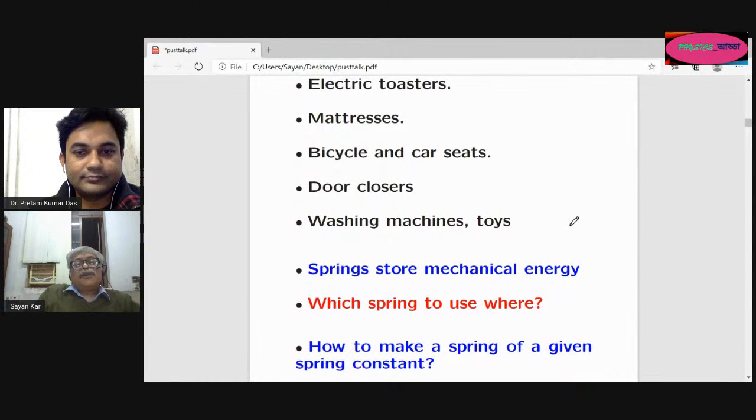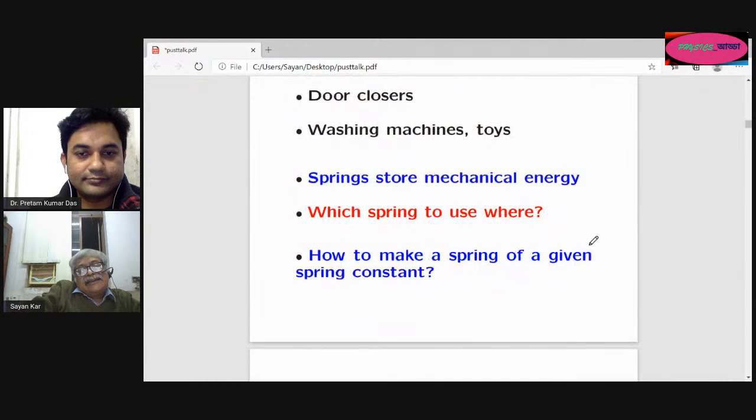And as I told you earlier, springs store the mechanical energy. Now the important question related to the spring constant is which spring to use where? And the related question is how to make a spring of a given spring constant.